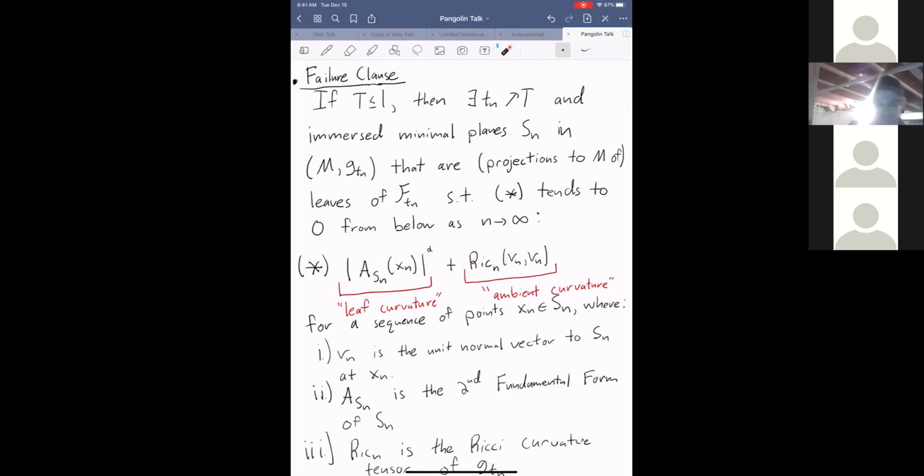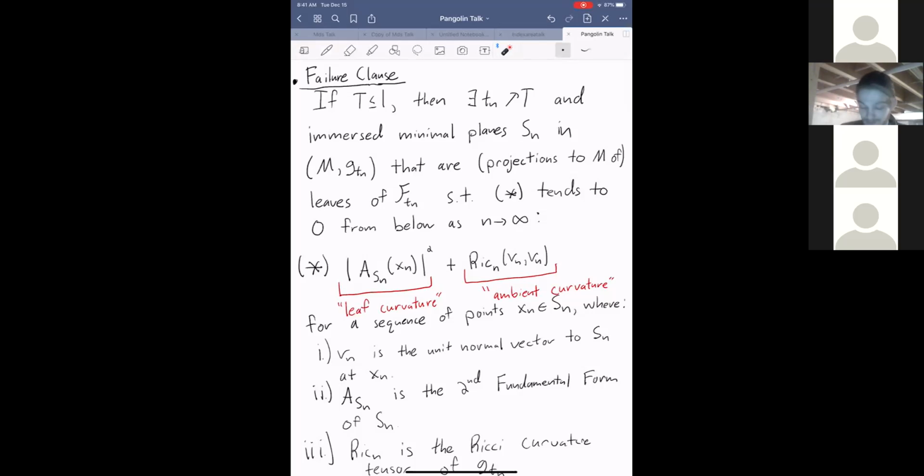Right. So what does this asterisk condition kind of mean? Maybe the first thing to think about is what this ends up being for the foliation F. In that case, we're looking at totally geodesic planes inside our hyperbolic 3-manifold. Since our surfaces are totally geodesic, the second fundamental form will vanish.